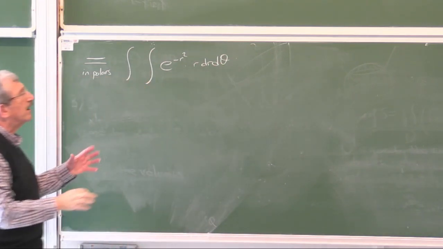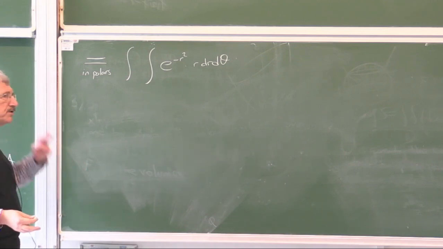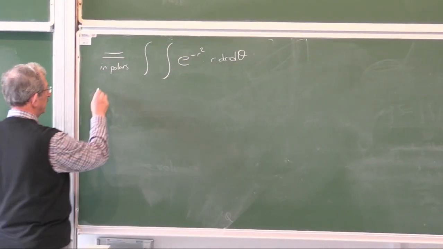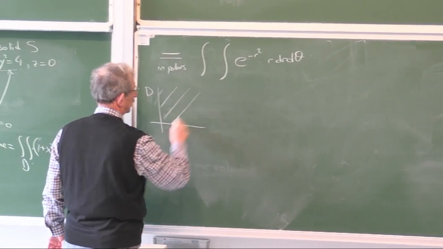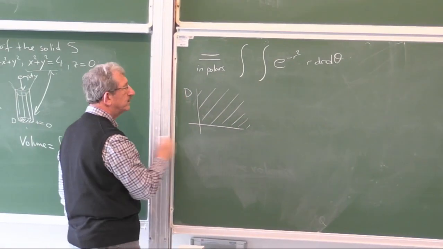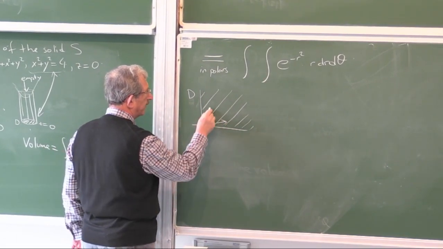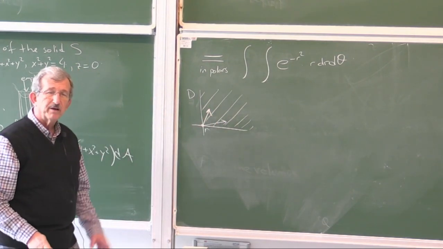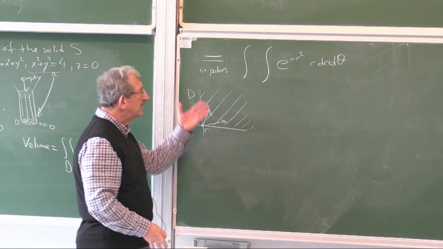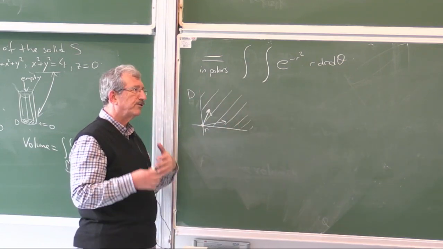In polars, r starts from the origin. Think of this D, the first quadrant. R starts from here and moves in all directions, and it goes up to infinity. Namely, you can think of this as bounded by a circle with radius infinity.